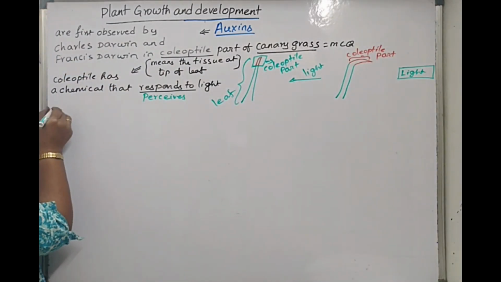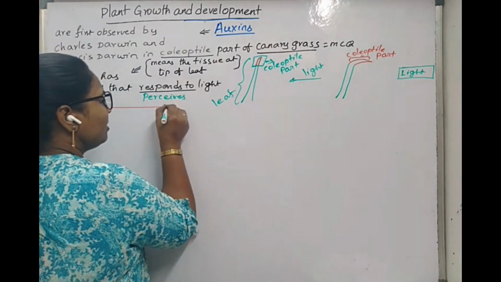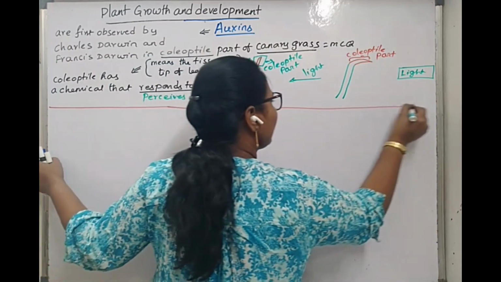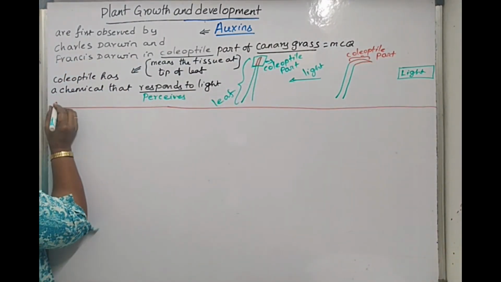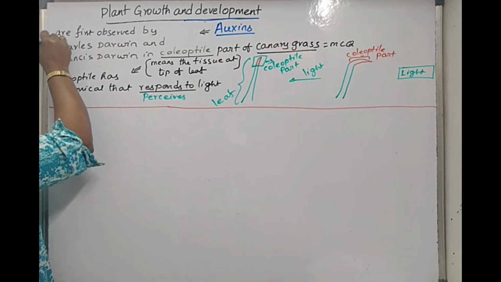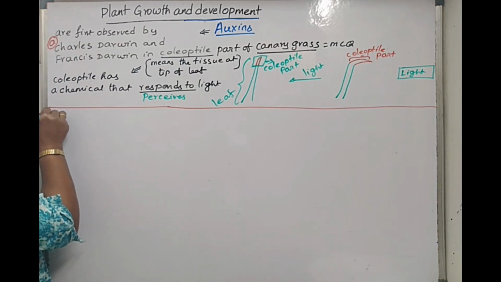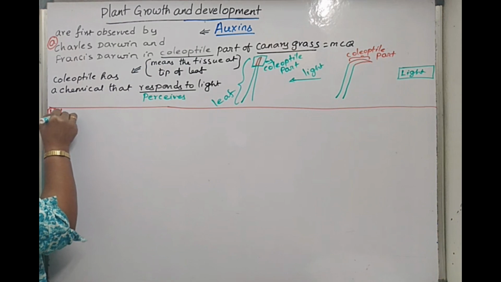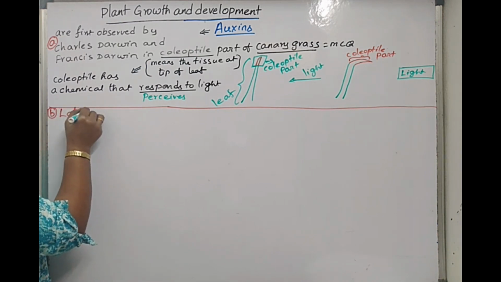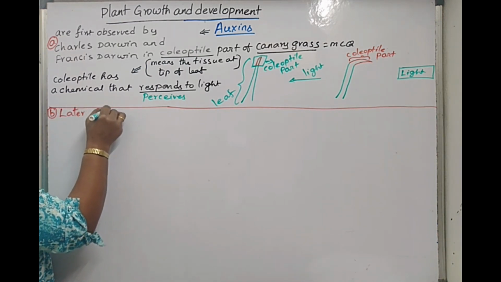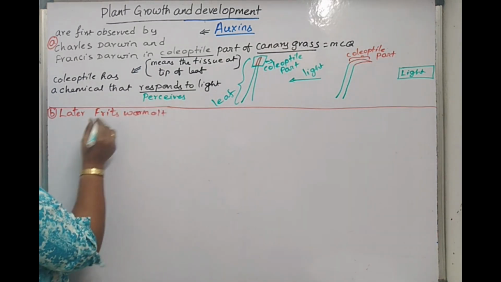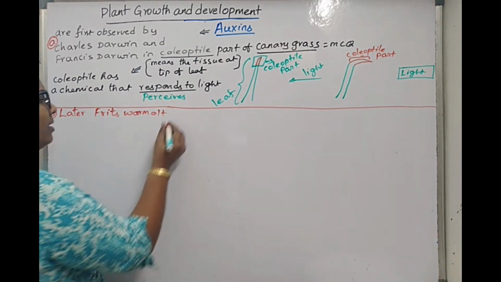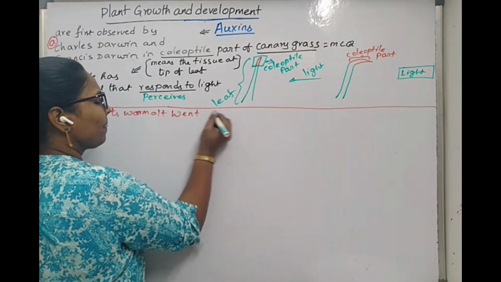Next, after Charles Darwin, Mr. Wendt did experiments by taking oats grass. We will name it A, and this is B. Later, Frits Warmolt Went, we can just write as Wendt.